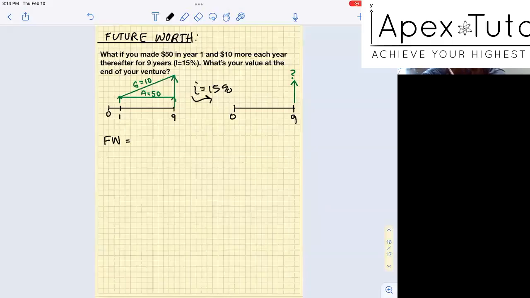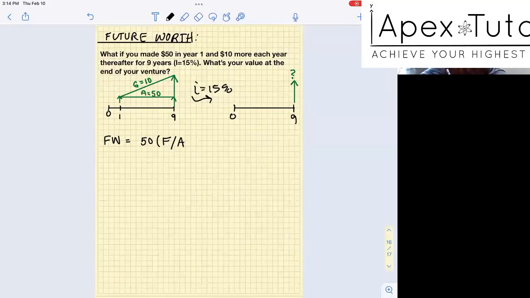Since 50 is green and it's positive, it's pointing up, it's a positive 50. What do I multiply it by? F comma P. So we want F, but what is the 50? Oh, it's an annuity. Very good.